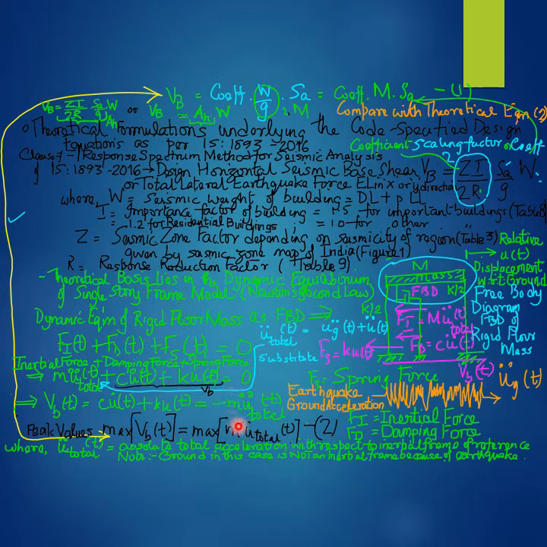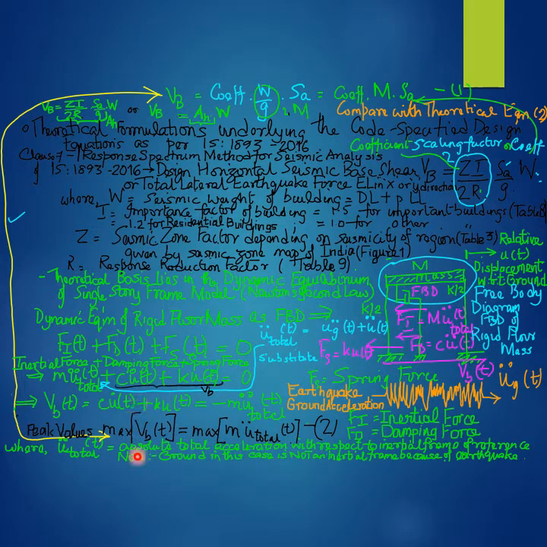The theoretical dynamic base shear V subscript small b as a function of time is shown to be equal to minus of the mass m times u double dot subscript total, that is, the theoretical dynamic base shear can be shown to be minus or negative of mass times the total or absolute acceleration of the floor mass.